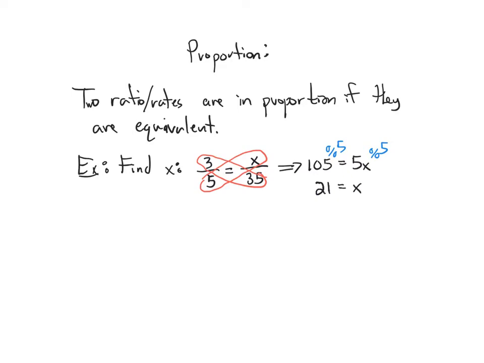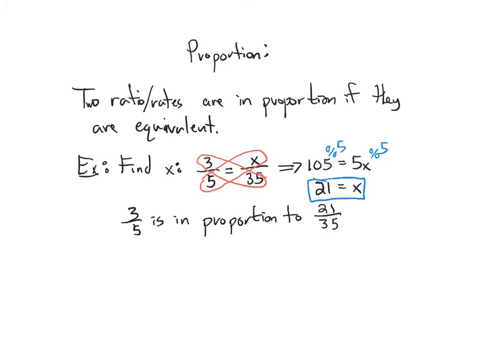So x is 21. So the ratio 3/5 is equivalent to 21 over 35. So what does that mean? That means that 3 over 5 is in proportion to 21 over 35.